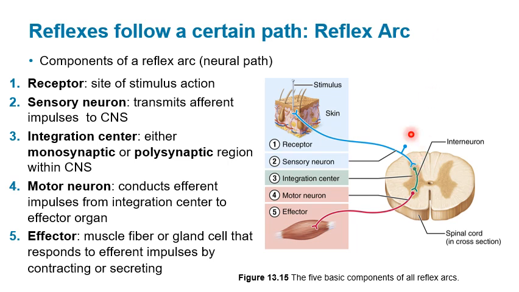A classical example of this is when you touch a hot plate. A lot of times your hand is going to go away from the hot plate before your brain interprets that the thing was hot, right?